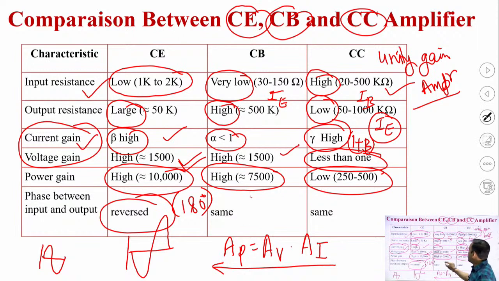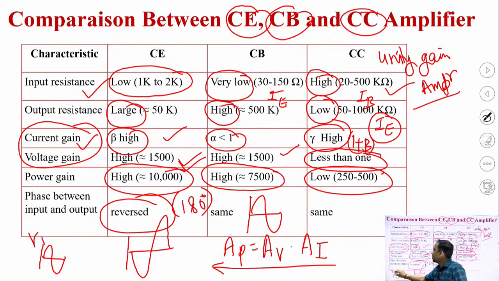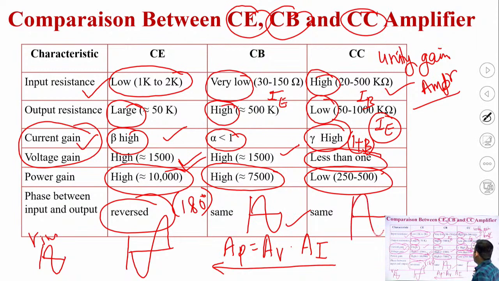In the common base configuration, the signal will be amplified, but the phase will be the same as that of the input signal. Again in the common collector also the signal has the same phase. So this is a small comparison chart between the common emitter, common base and common collector configurations.